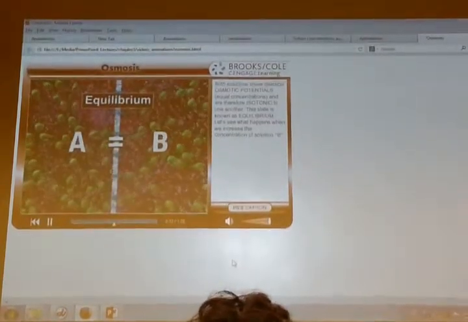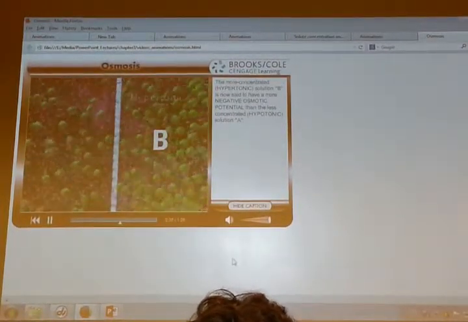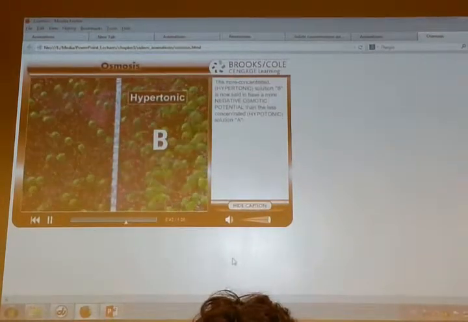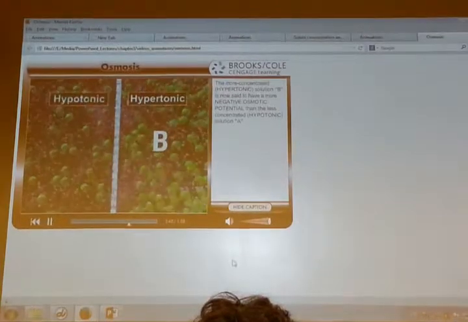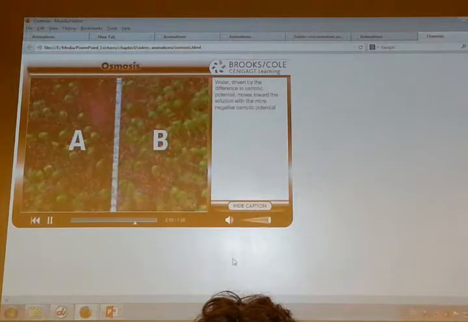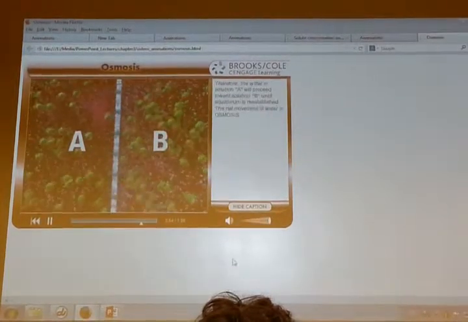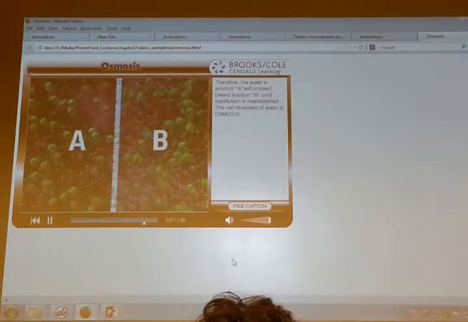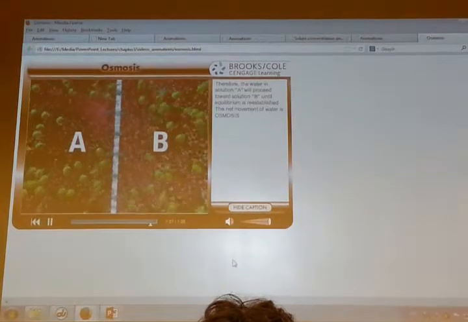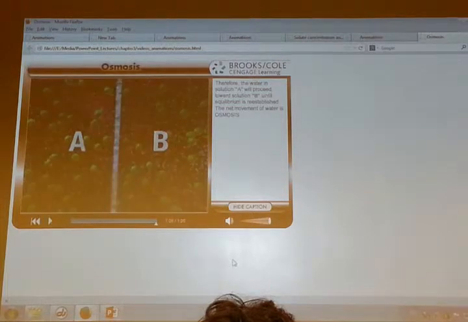Let's see what happens when we increase the concentration of solution B. The more concentrated hypertonic solution B is now said to have a more negative osmotic potential than the less concentrated hypotonic solution A. Water, driven by the difference in osmotic potential, moves toward the solution with a more negative osmotic potential. Therefore, the water in solution A will proceed toward solution B until equilibrium is reestablished. The net movement of water is osmosis.